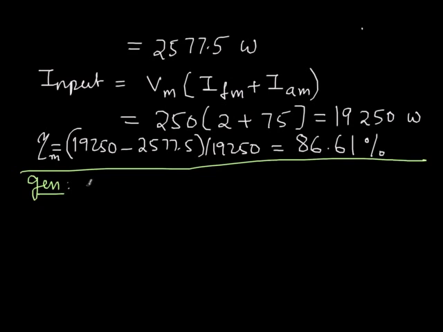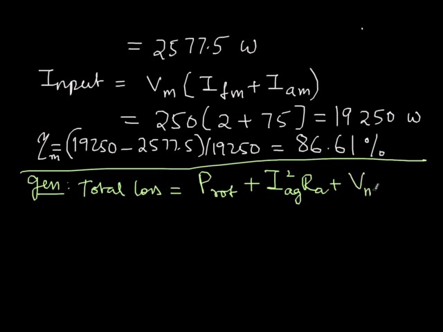Now again, what are the losses in the generator? Total losses in the generator is nothing but the rotational losses plus the copper losses in the armature, IAG square RA, plus the copper losses in the shunt field winding, VM into IFG, the field current of the generator.